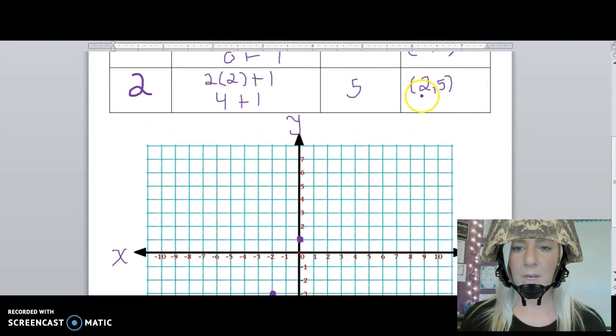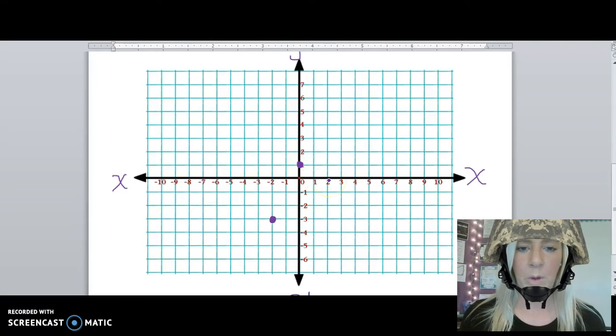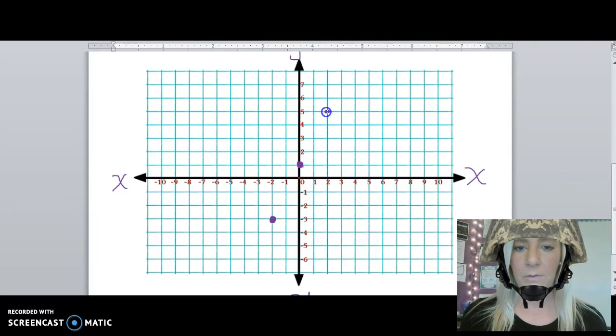And then our last point is 2, 5. So I'm going to go 2 on my x, up to 5 on my y.